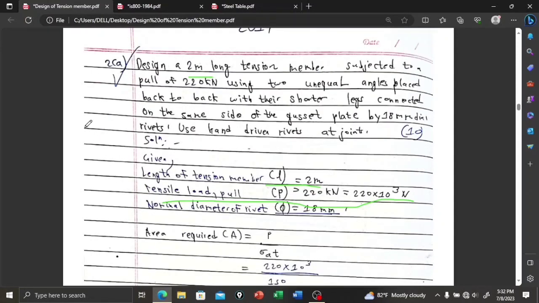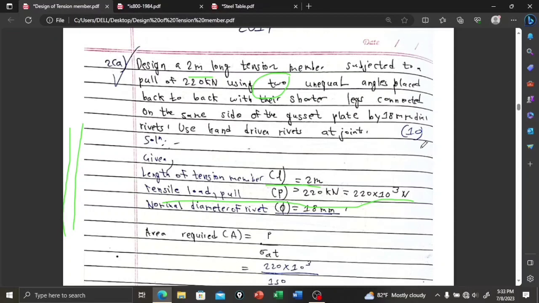Back to back means this is gusset plate and two unequal angles, so one leg is not equal to another leg, so two unequal angles placed back to back with the shorter leg connected on same side.